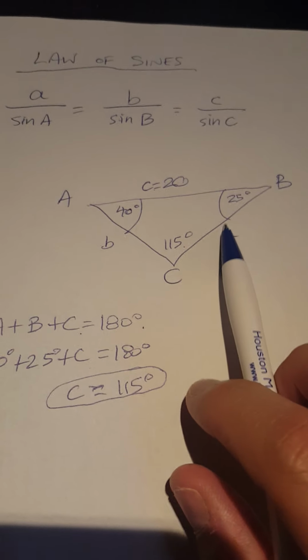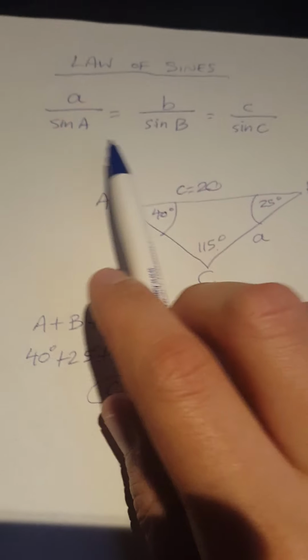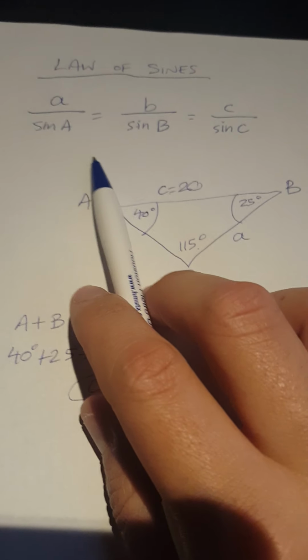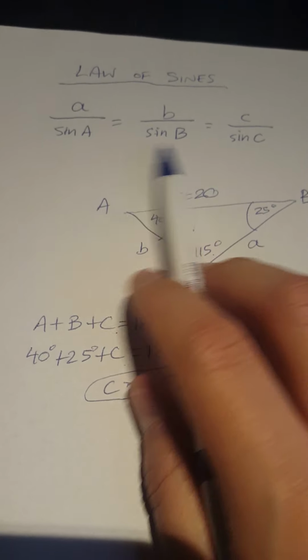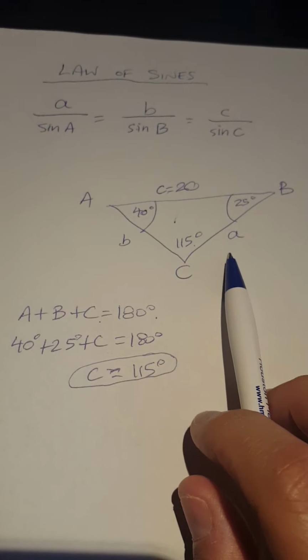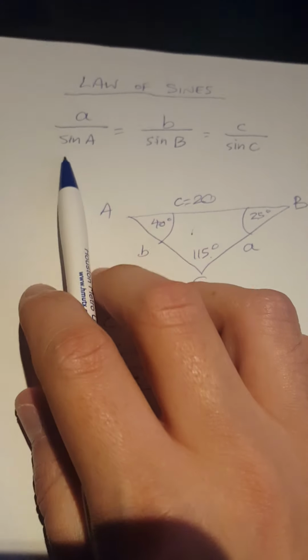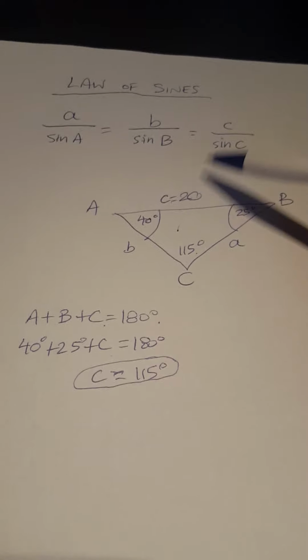What I don't have is side little a and side little b, but we can get that by using this formula. When you plug in the information, you're not doing all three of these at one time. You're just using any two of what you're looking for. So for example, let's say that I'm looking for a little a. You have to have two of the same things in order to use this.